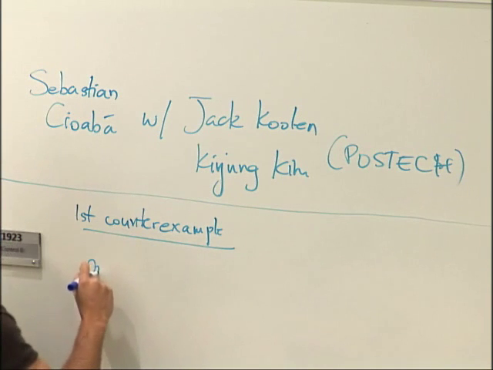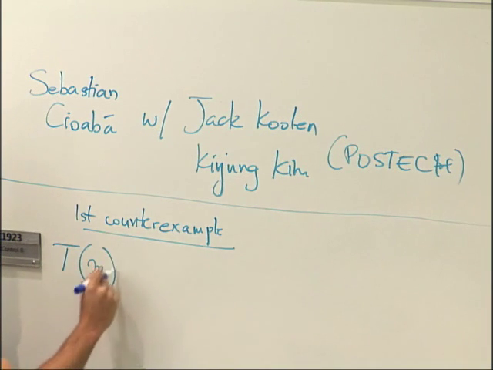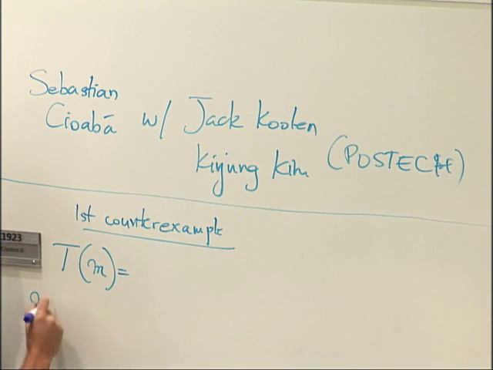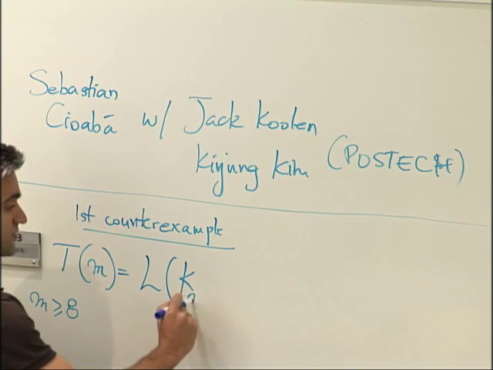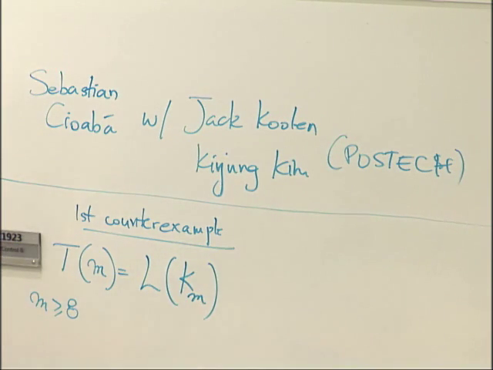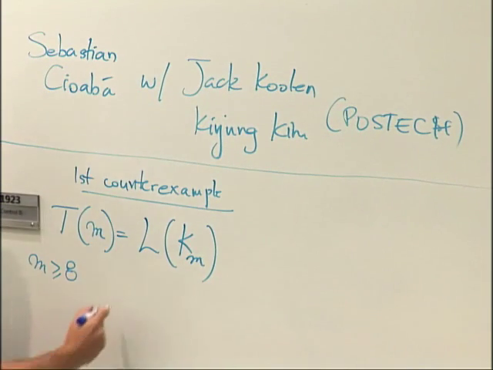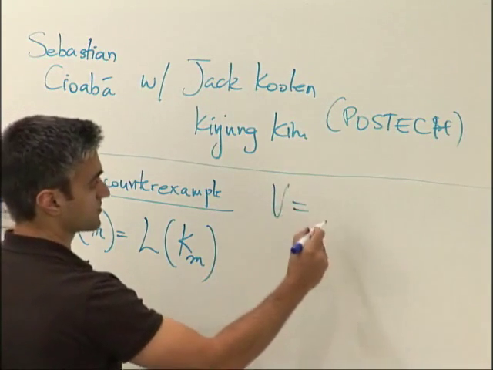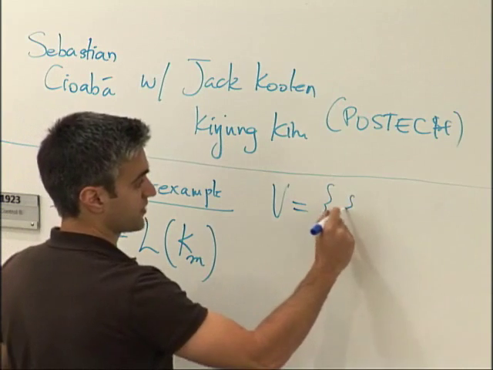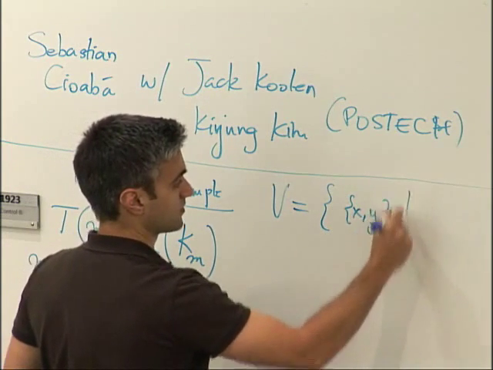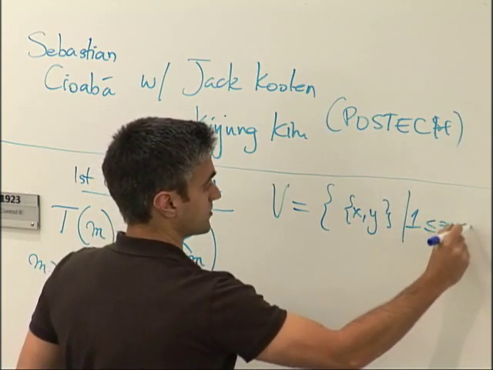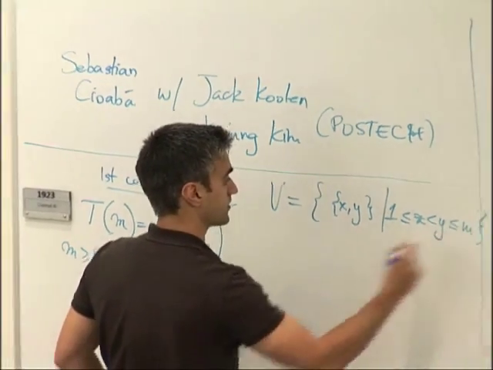So you take the triangular graph, with m an integer, let's say greater than 8 or something like that. The triangular graph is just the line graph of the complete graph Km. If you're not familiar with this notation, the vertex set of the triangular graph is formed by pairs x, y, with x and y between 1 and m.